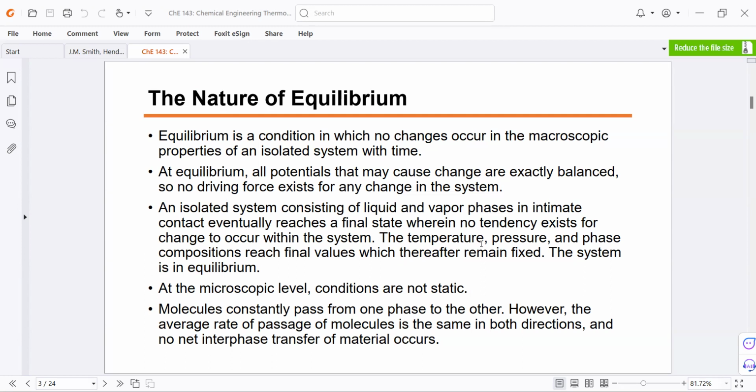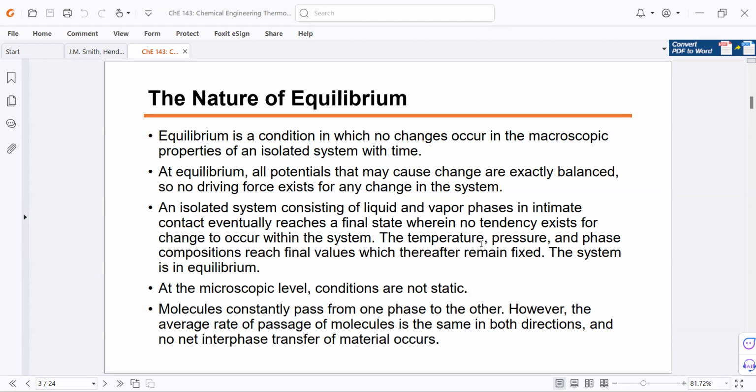Even if at the macroscopic level there's no observable change, at the microscopic level it's actually not static because the molecules pass from one phase to the other.